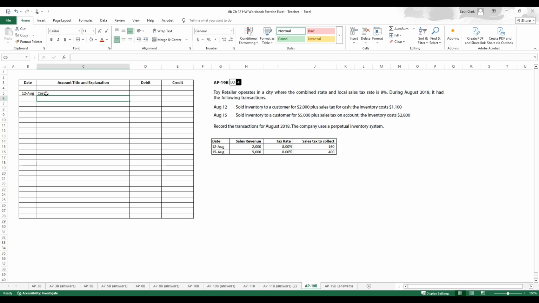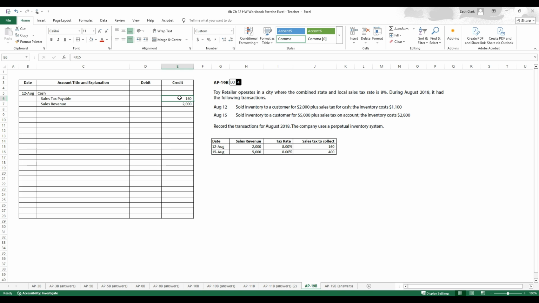For our sales revenue portion, we're talking about cash. This is the final customer paying. And so we're going to indent. We're going to earn some revenue, and that's the same as it was before, $2,000, no difference there. But now we're collecting some sales tax from the customer here. So sales tax payable. We're getting the cash from the customer, but it's not our money, right? So it's a liability.